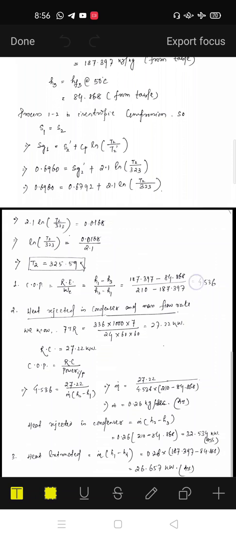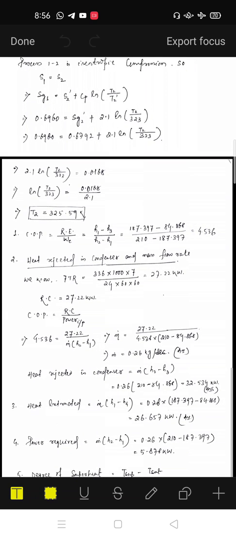Next, the heat rejected in the condenser and the mass flow rate. You know 1 TR is equal to 336 into 1000 divided by 24 into 60 into 60. So 7 TR, just multiply by 7, and the result will be 27.22 kilowatt. You also know COP can be written in terms of refrigeration capacity and power input.